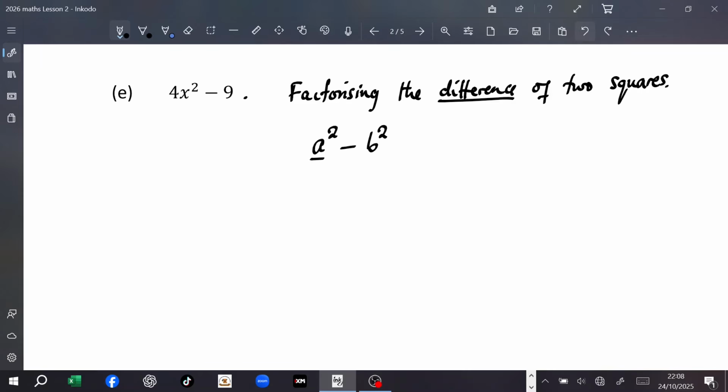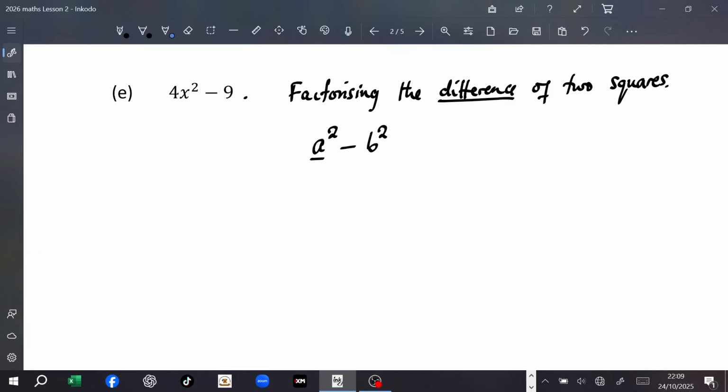That's why it is called a square. And also this term has a square, that one power 2. And there's a minus in between. So that minus is what they call difference. So we have a squared minus b squared, and therefore it qualifies to be a difference of 2 squares.